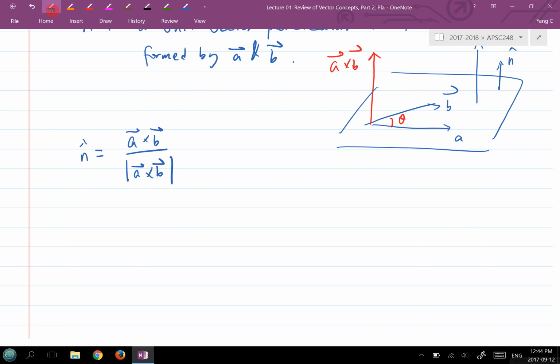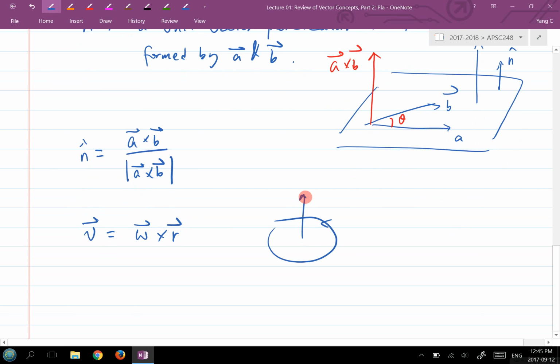For example, in dynamics, if you have a particle rotating about a certain axis, you can relate the angular velocity and the linear velocity together using the cross product. So that will be an example of dynamics here.